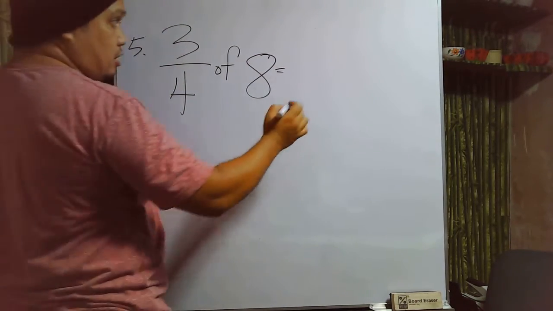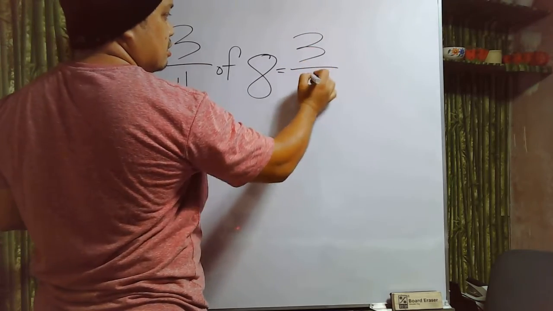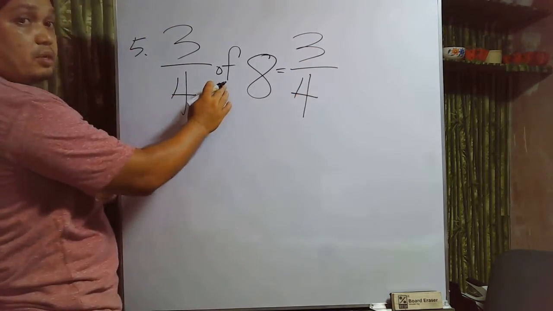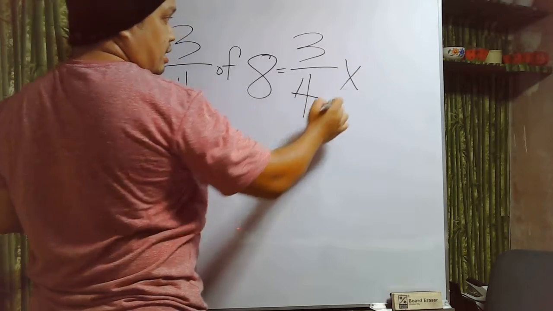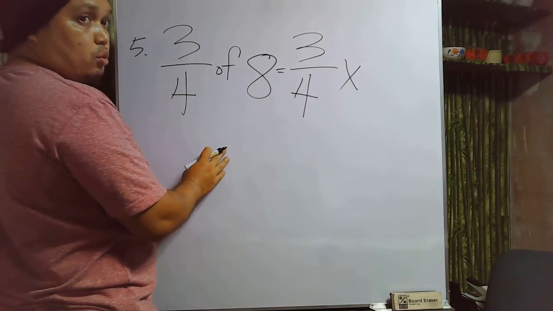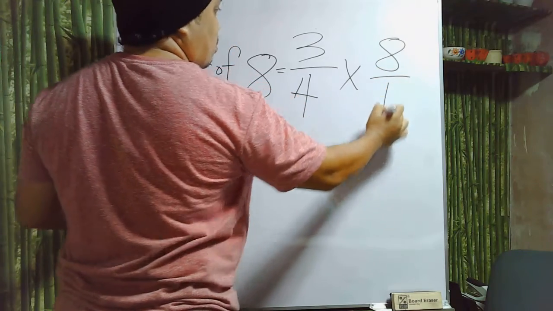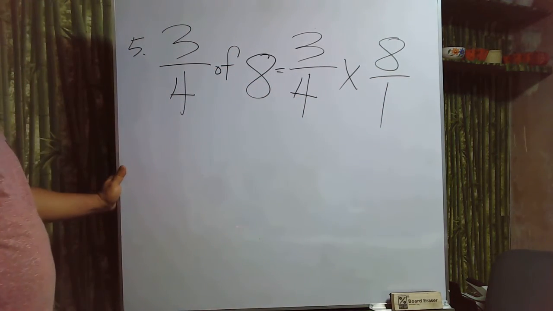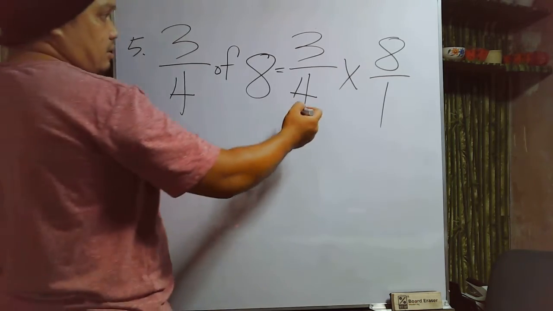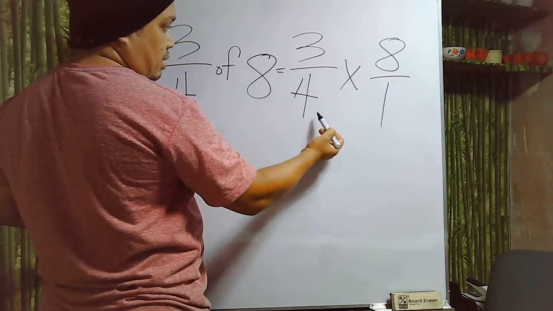Copy 3/4 here. Now "of" will become multiplying, and let's change 8 into a fraction form, which is 8 over 1. To answer this quickly, let's use the cancellation method. You can divide crosswise by 4.